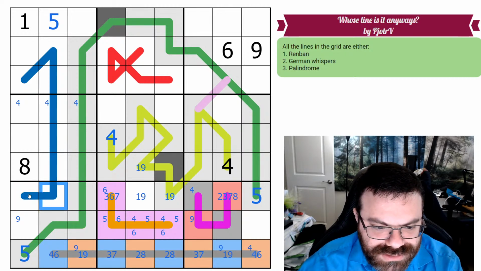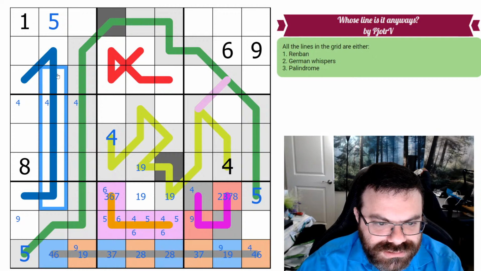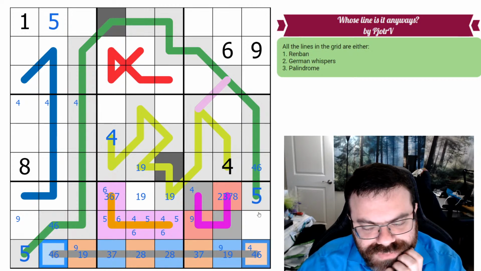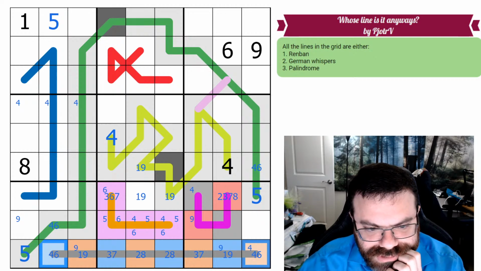Okay, yeah, this can't be 1 or a 9, so this can't be 4 or 6. This can't be 4 or 6, neither can that, neither can that, neither can that, neither can that. So this would be a 4 or 6. And that would make it a 6. But now both of these would see 6. They'd both have to be 4. I see.